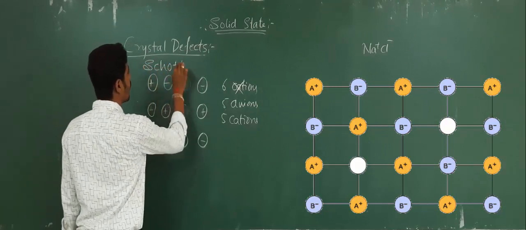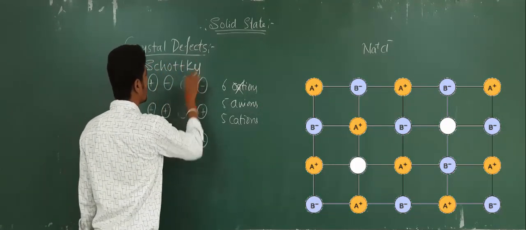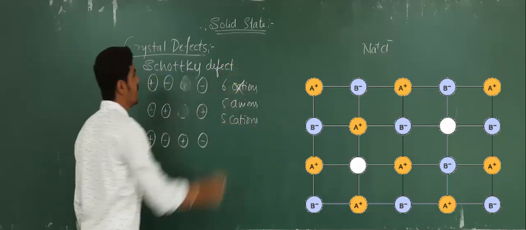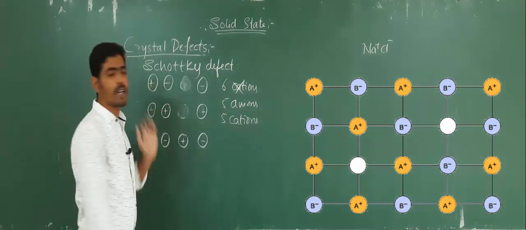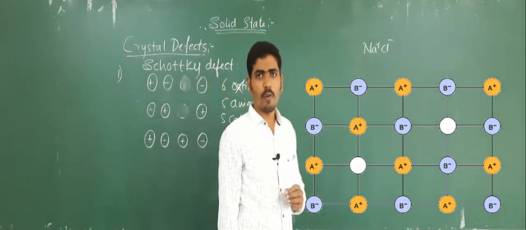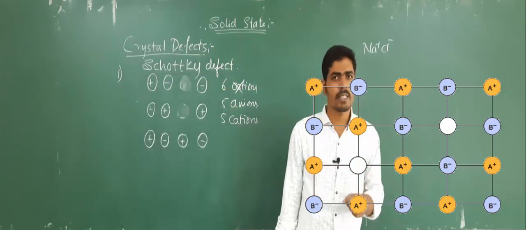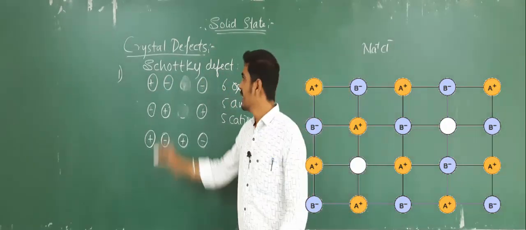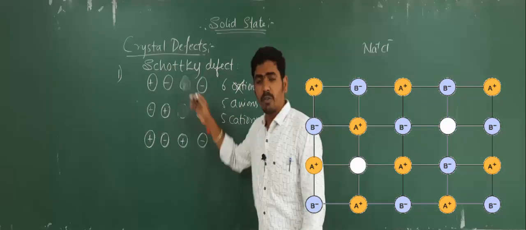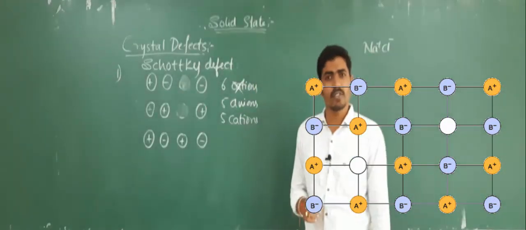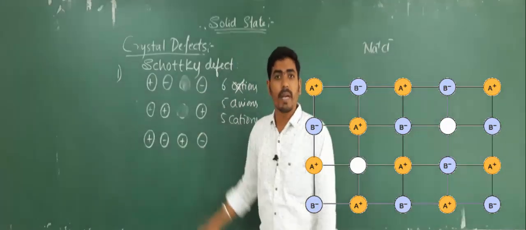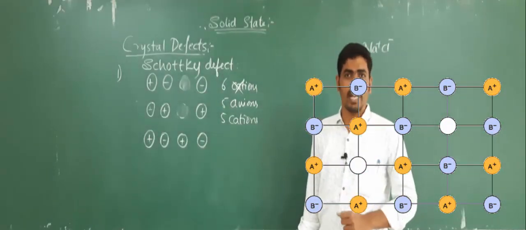One of the important defects, that is Schottky defect. Schottky defect means the defect in which there is a missing of an equal number of cations and anions. Why does that missing of equal number of cations and anions take place? Because in order to maintain electrical neutrality.